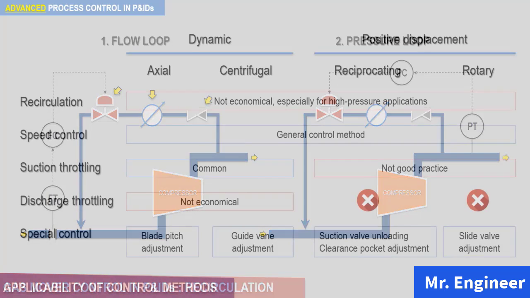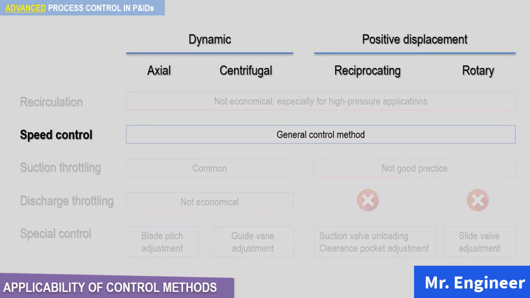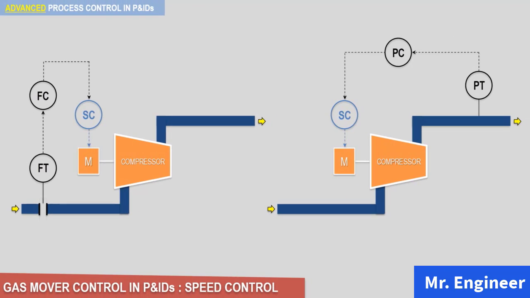Now back to our table. Let's discuss the speed control. This method can be used with all gas movers. The following figure shows the control of a gas mover by VSD, or variable speed drive, when its drive is an electric motor. Some companies use the symbol SC as highlighted here in their PNIDs, meaning speed control.